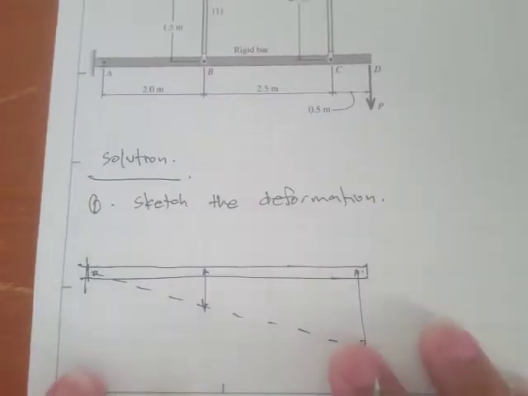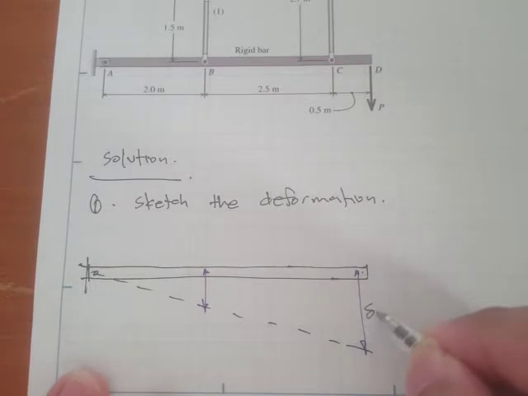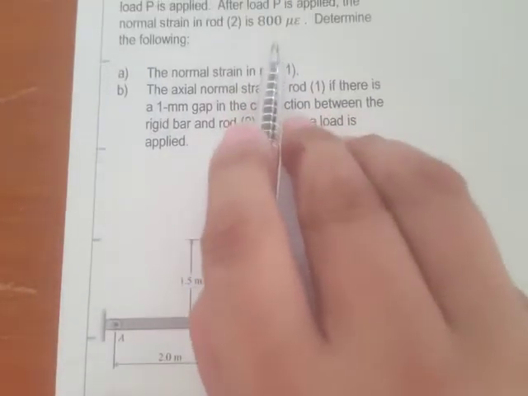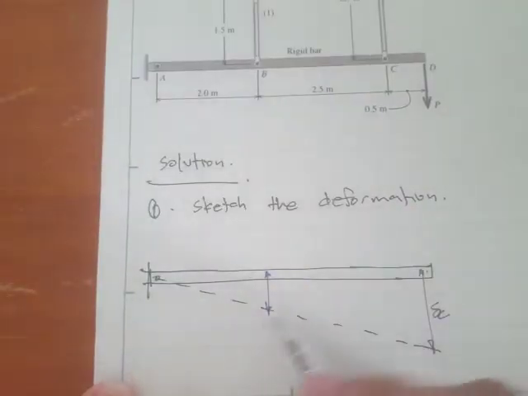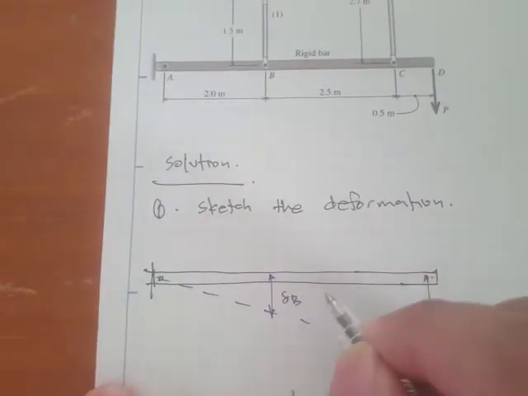Okay, so right here we have a deflection. Let's just write deflection at C, which can be obtained by using this given strain value. Right here, let's write this is deflection at B.